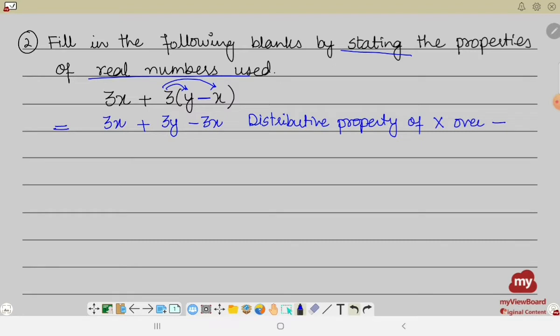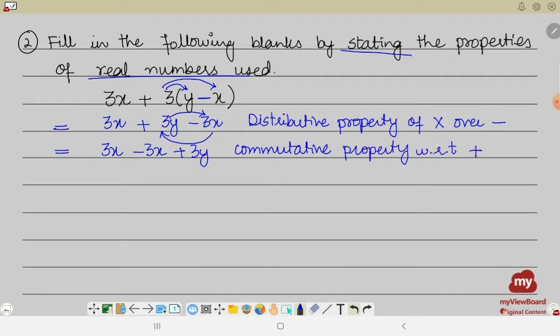Okay, next, if we change the order, we'll place it over here and this over here. This will become 3x minus 3x plus 3y. So what we have done is changed the order. So this is the commutative property with respect to addition.